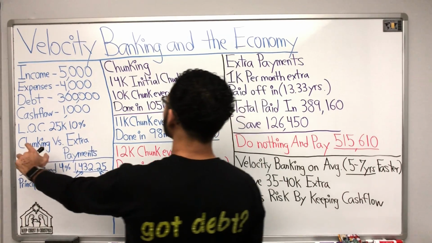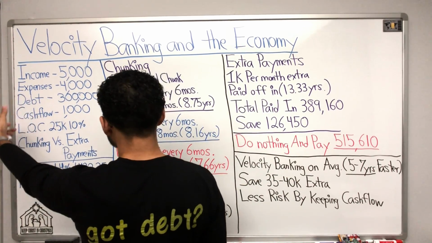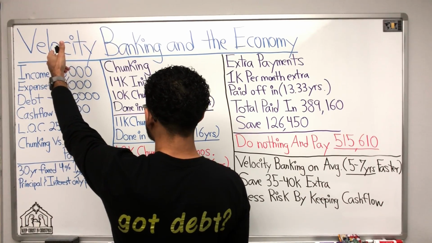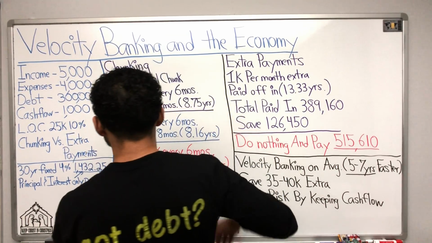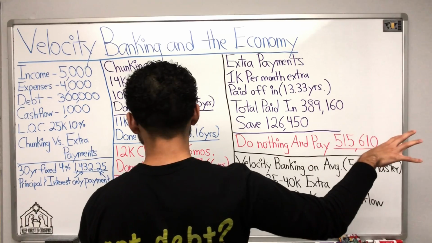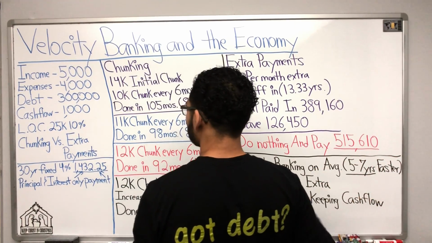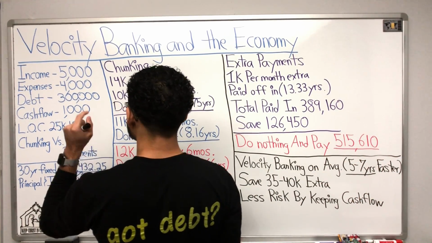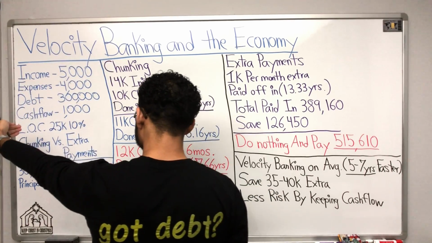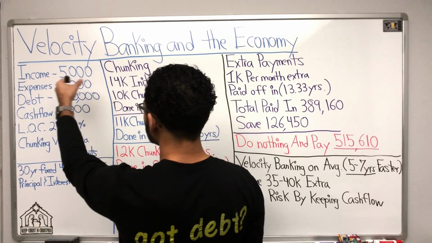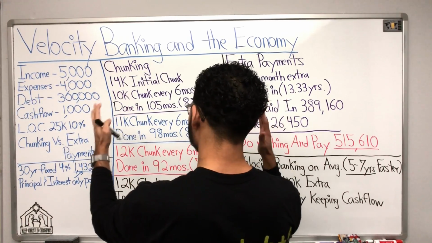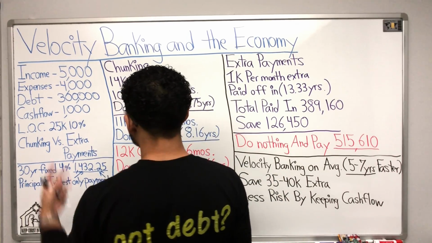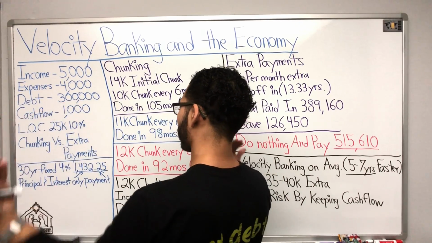Okay, so we're going to go over the chunking method, which is velocity banking. And then we're going to go over what the majority of people do in the United States, which is pay extra payments on their debts. Okay, in this particular situation, the mortgage. So we're going to go over the primary differences. And then the third way is to just do nothing.